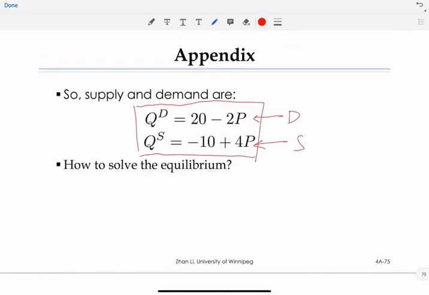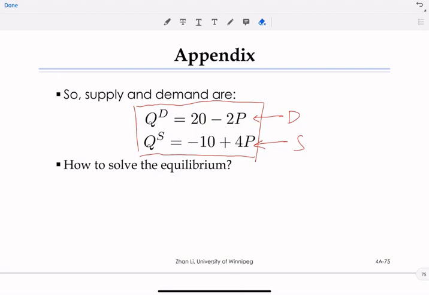What we will do is solve this market equilibrium according to the definition of equilibrium. What is the definition of equilibrium? Well, we know that if a market is in equilibrium, then quantity demanded equals quantity supplied.